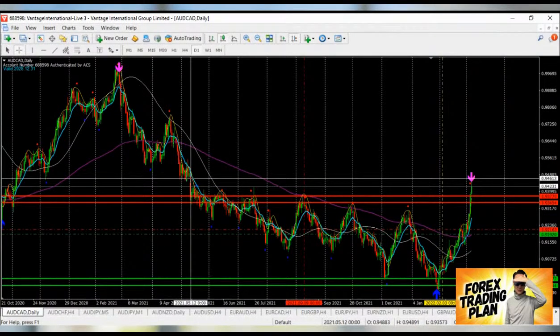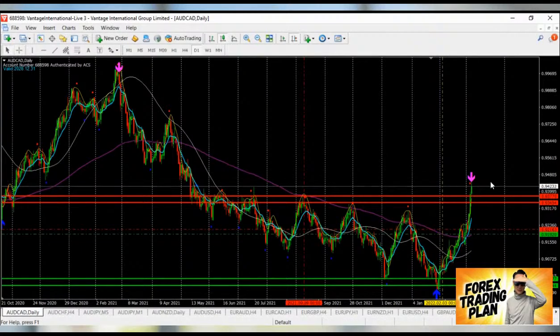Of course it has become a resistance, which gives a hindrance to the price and slows it down.